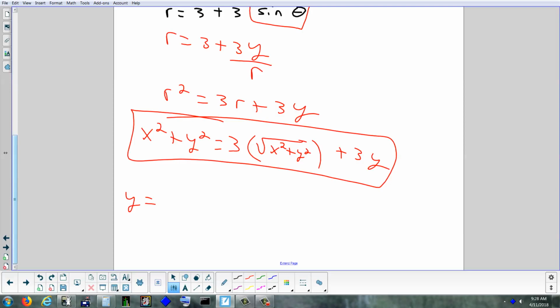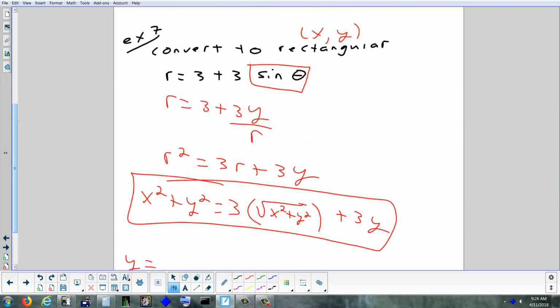It would almost be like a quadratic equation with y. But I just think that square root with the y squared under it is going to mess things up. So that's all you can really do. Okay, so nowhere near as nice looking in rectangular. Any questions on that? So that's how you change from polar to rectangular.